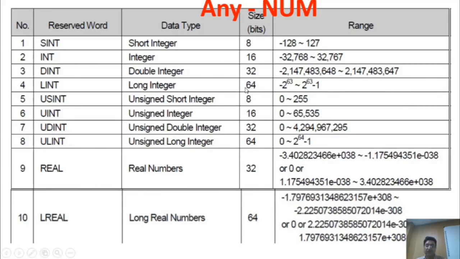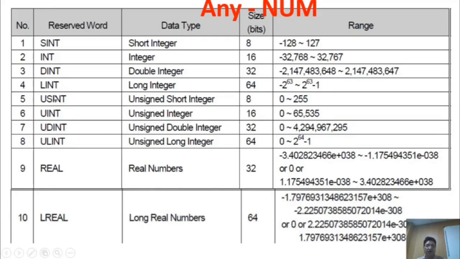Double integer is a 32-bit data type that can store values from -2,147,483,648 to 2,147,483,647. The next data type is long integer, which is 64-bit and can store values from -2 to the power of 63 up to 2 to the power of 63 minus 1.